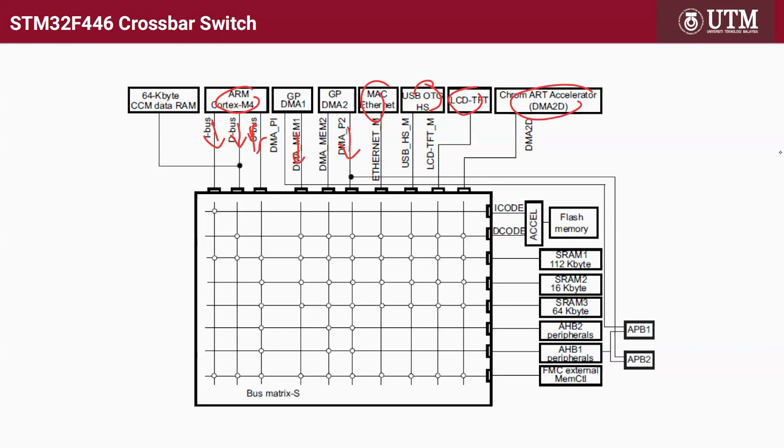Ethernet is very fast if implemented, and then USB also very fast, LCD also fast, but I'm not sure this one is available on the 446. I got this I think from the 446 datasheet, but I didn't see this. Doesn't matter. It's still from the same family. That means there are chips inside the STM32 family that can handle Ethernet and USB natively.